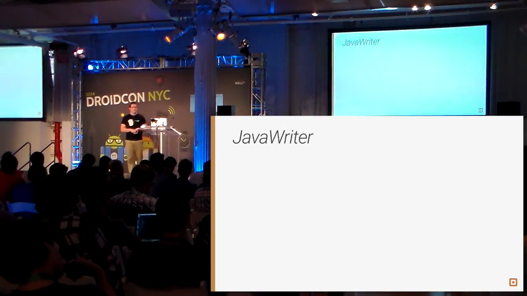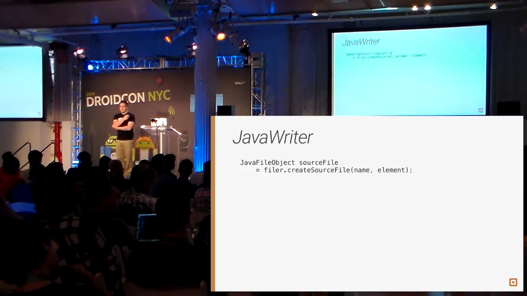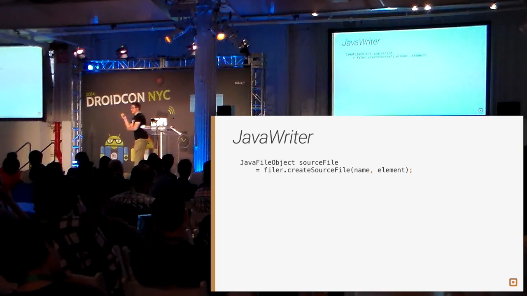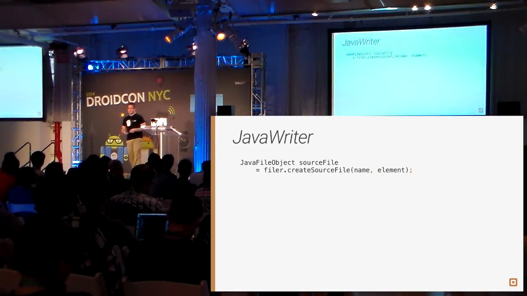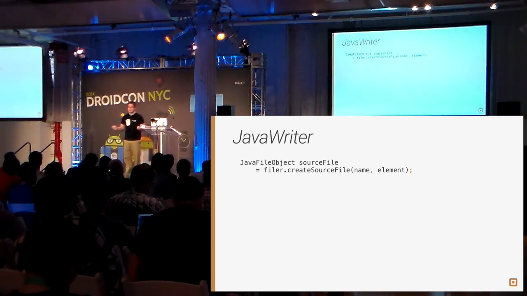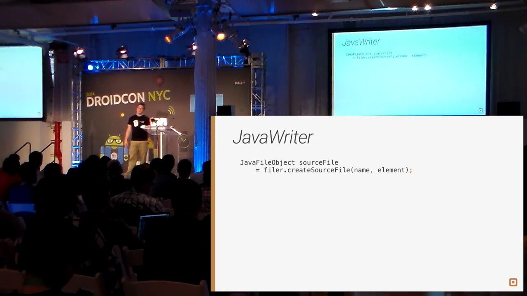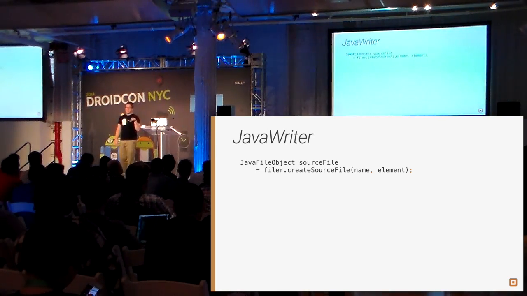JavaWriter is going to allow us to very easily generate code. So I'm referencing the Filer here, which is that object that we access from the processing environment to generate code. This is the method that we call when we create a new source file. I'm passing in the fully qualified name of the class, and the second argument is actually a varargs.